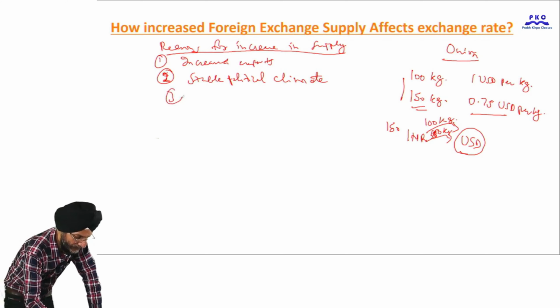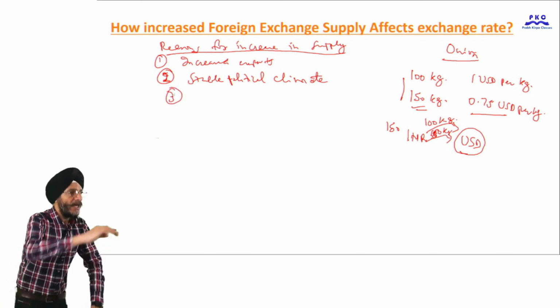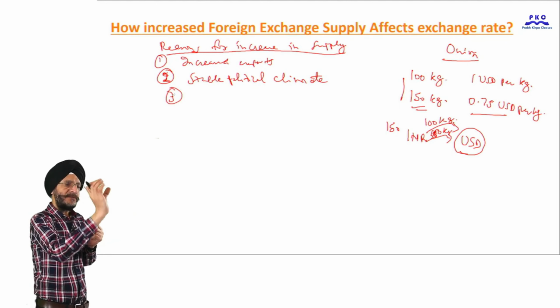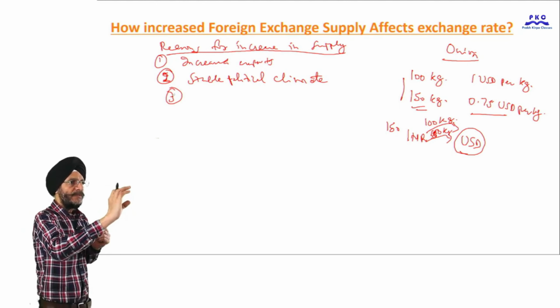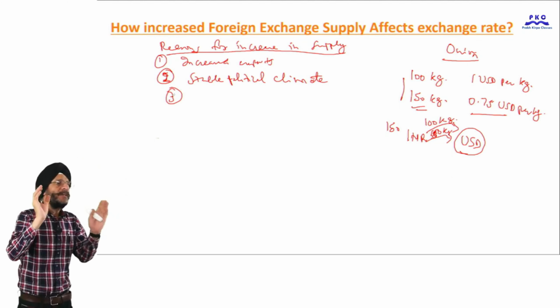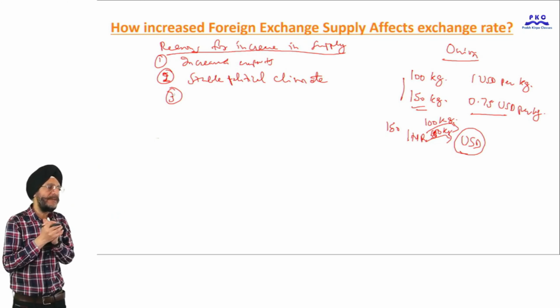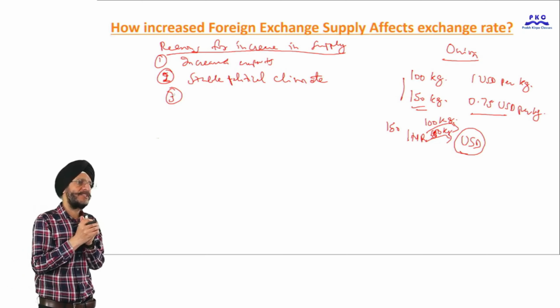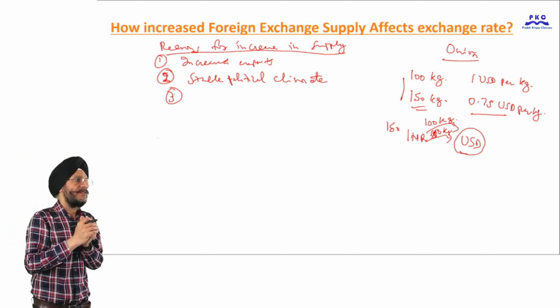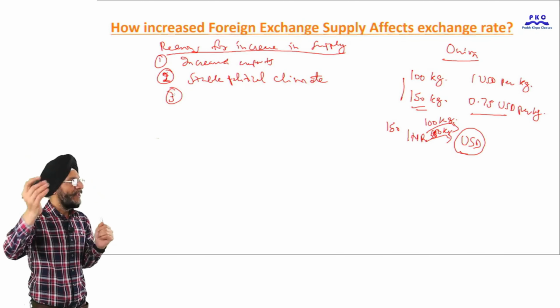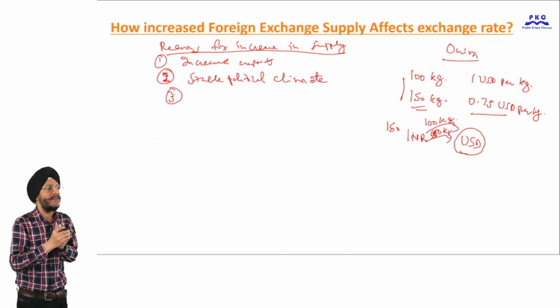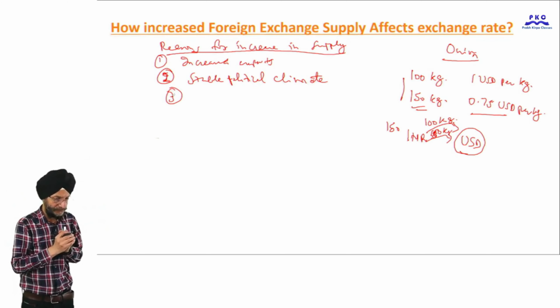So when the atmosphere in the country and investment opportunities are good, or the government adopts policies favorable to the investors abroad, then the foreign exchange supply in the country increases.